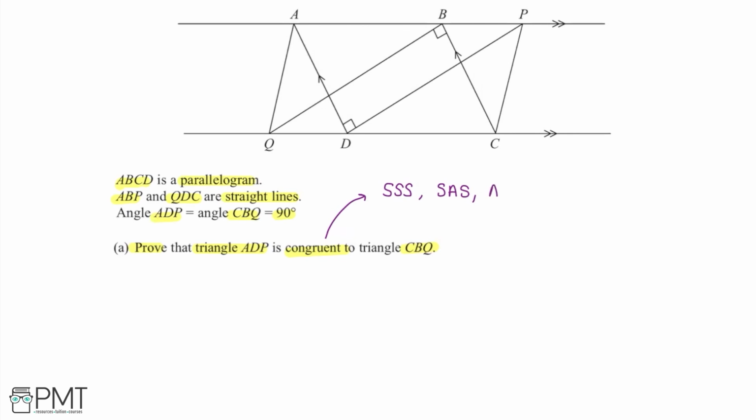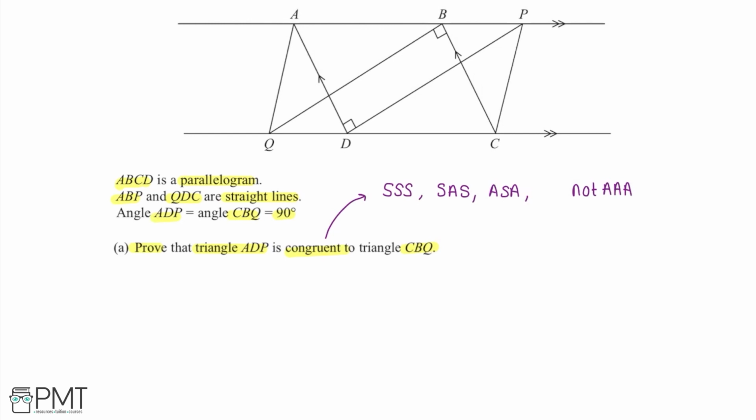Alternatively, we can do angle, side, angle, so this is the same, but showing that there are 2 angles and a side in the first one, which are equal to 2 angles and a side in the other triangle. We can't, however, do angle, angle, angle, because the 3 angles in the triangle could be the same, but the triangle could be scaled up or down, leaving it with different side lengths. So this doesn't prove congruency.